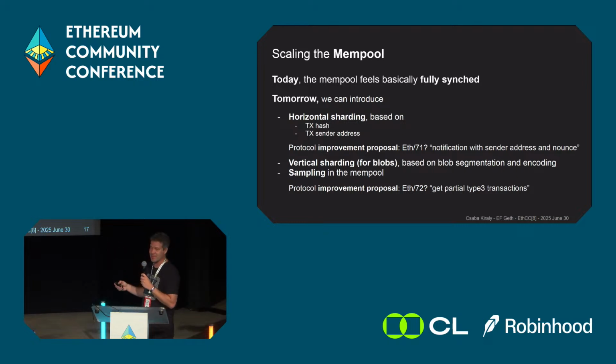I was giving them also numbers. Don't take those seriously. We have to specify them. But we can do things like changing the notifications, adding sender address and nonce. And then we can do horizontal sharding, or we can do partial type 3 transactions in the mempool, and then we can do the vertical sharding.